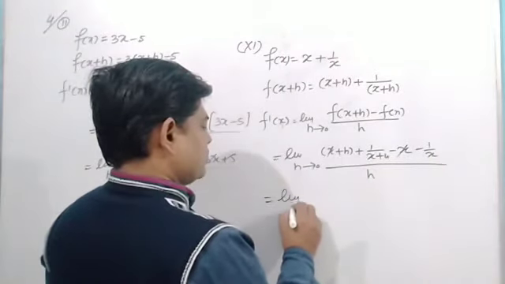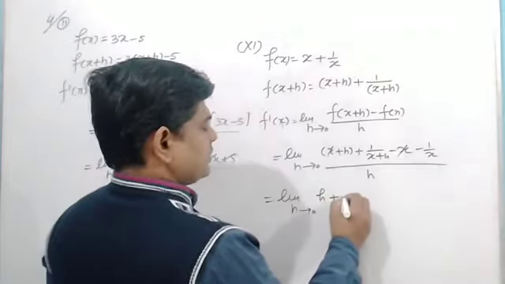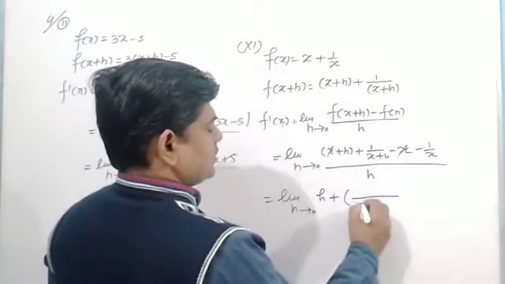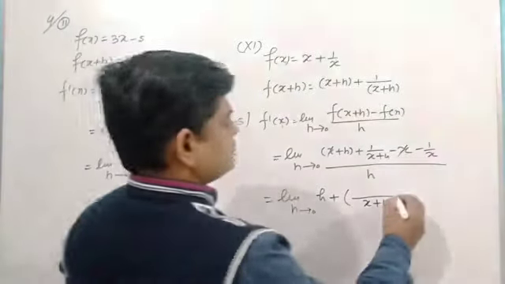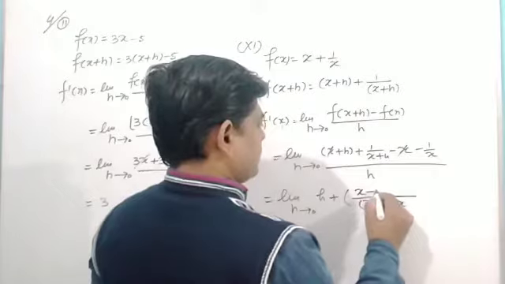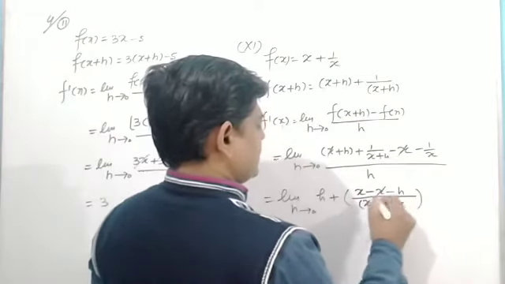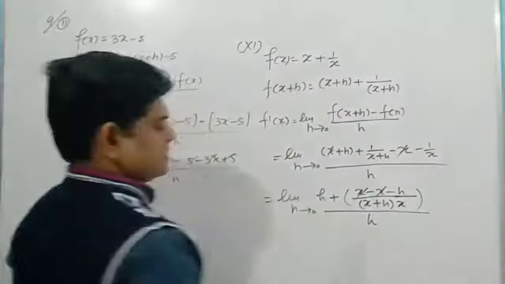So I am having now h tends to 0, h plus here, if I take x plus h as LCM here and x, they can eliminate, and whole upon h is there.